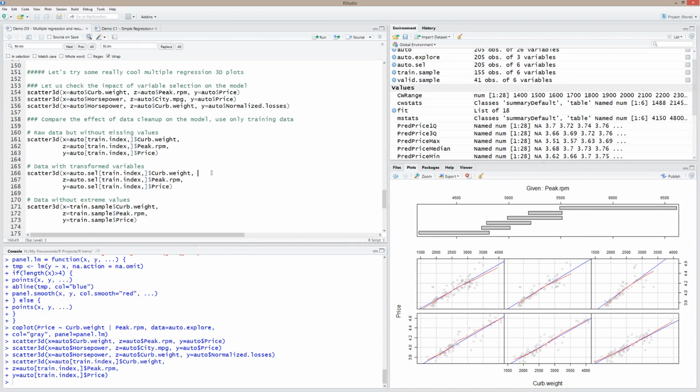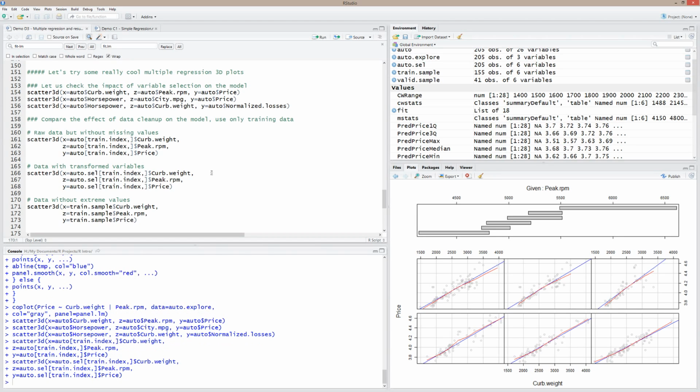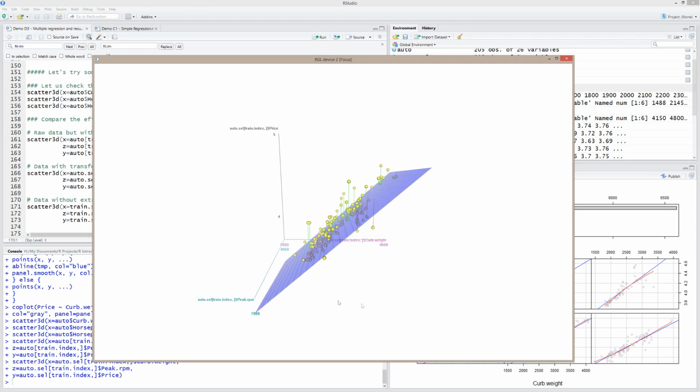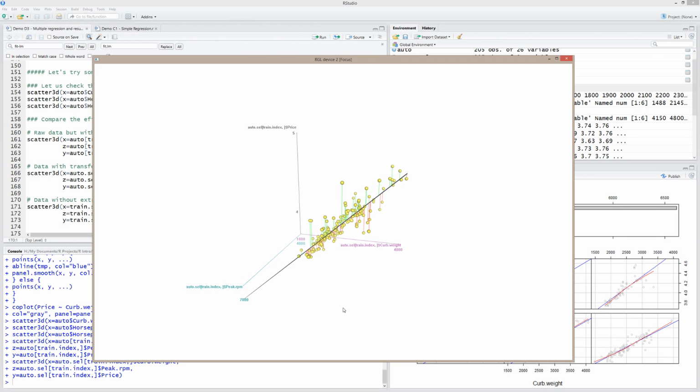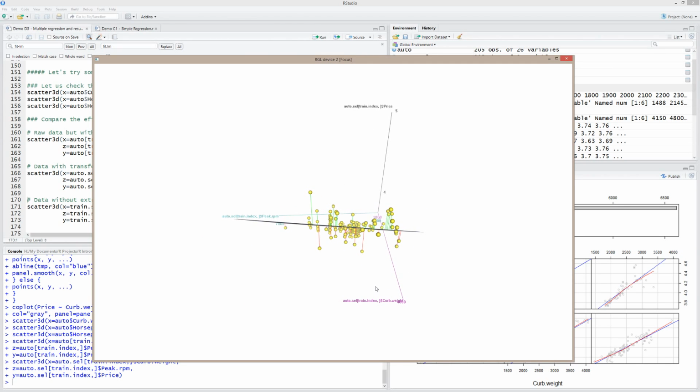This is the effect of transformation of price into logarithmic transformation of the price. And you can see not much changed, but the units of the price changed. So now it's a unit from 0 to 5, and so a lot of dots must have been squashed a little bit.